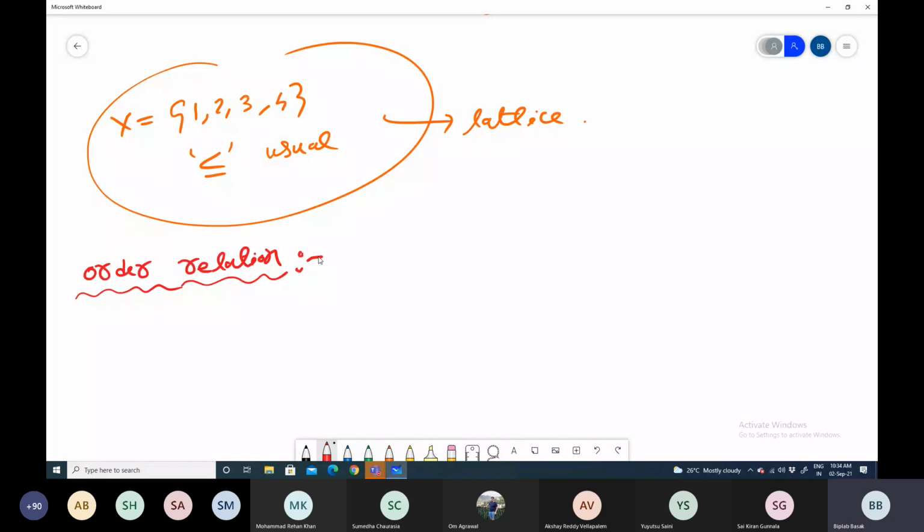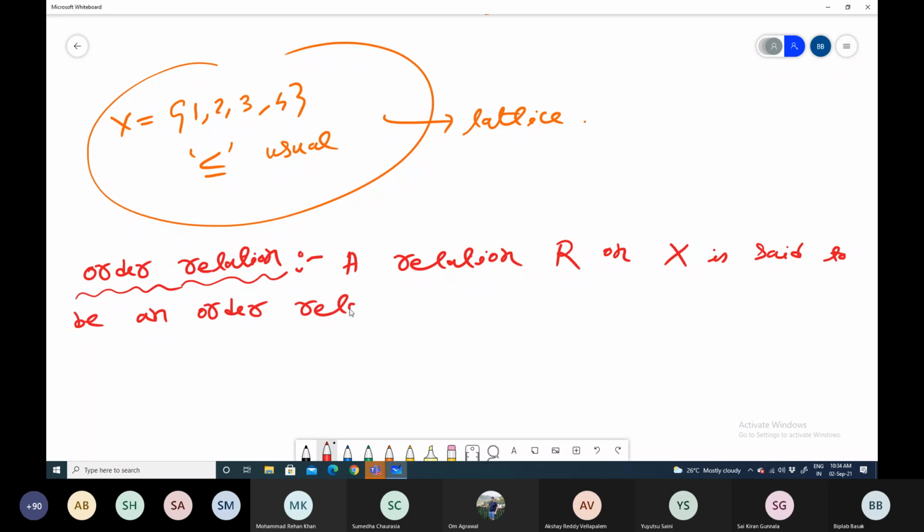So what is an order relation? A relation R on a set X is said to be an order relation if it satisfies these three properties.